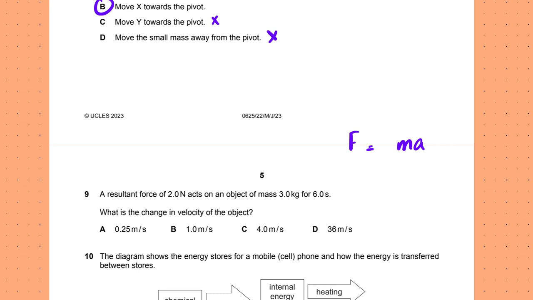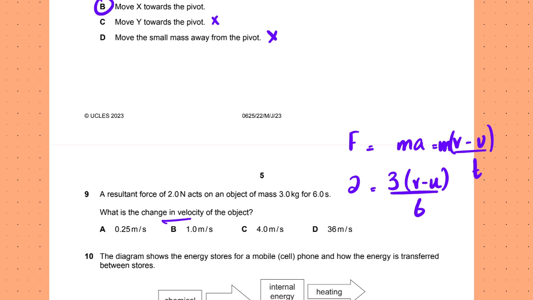So F equals ma, and instead of a, I write v minus u over t, and v minus u, that change in velocity, is what I really need. So F is 2, m is 3, v minus u is what I want, and t is 6, right? So 3 times v minus u is 2 times 6 over... v minus u is 4. Easy.